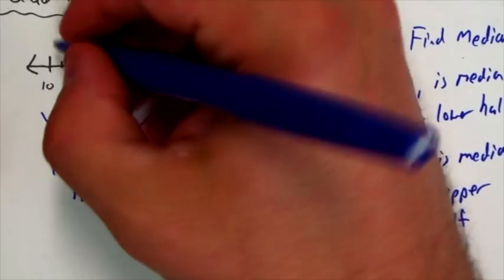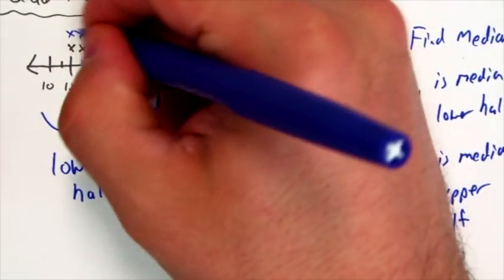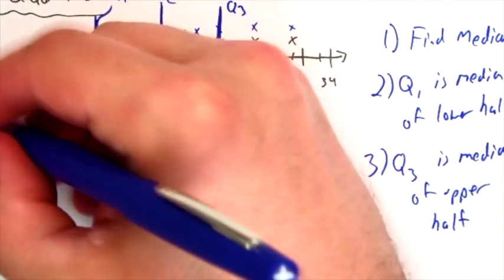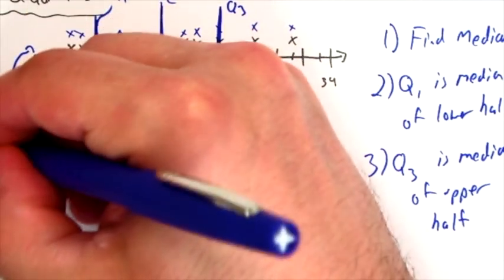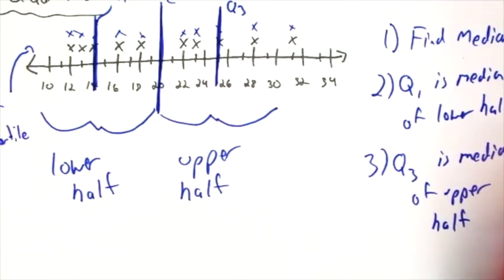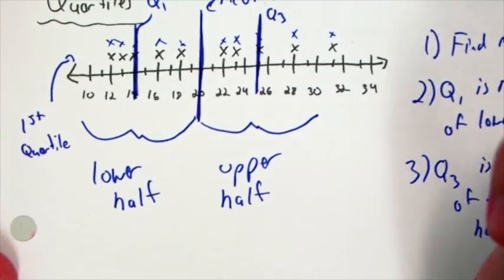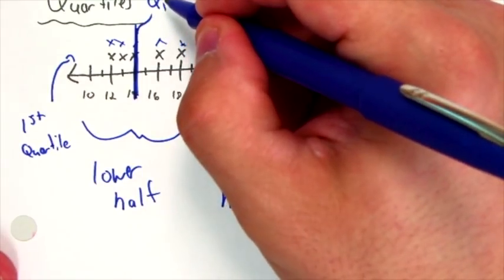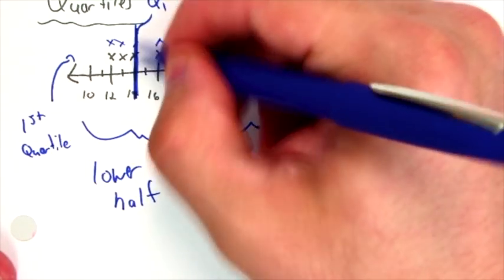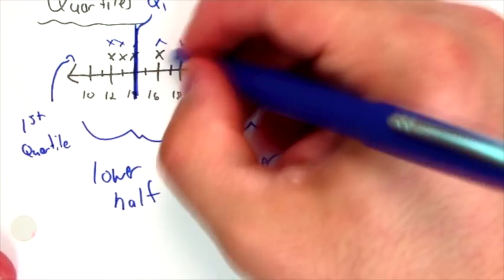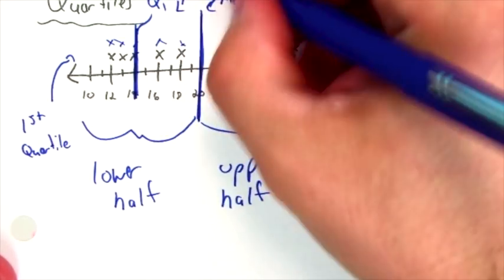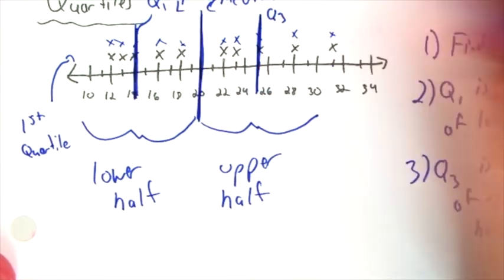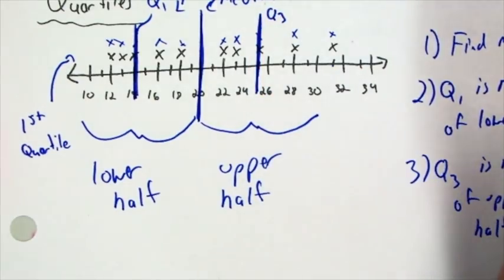Now, this set right here, this first area, this is really called the first quartile because it's the first quarter of the data. This quartile 1, or this first quartile here, Q1, that's the end of the first quartile. This set of data right here, this is called the second quartile because it's the second quarter of the data.